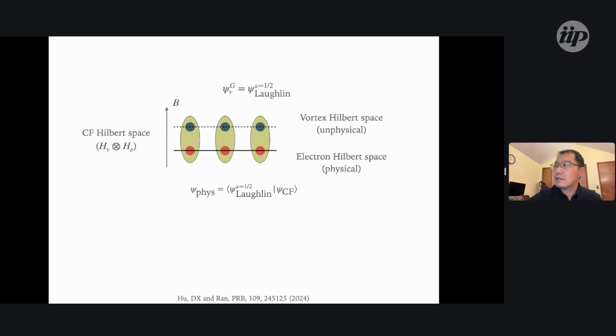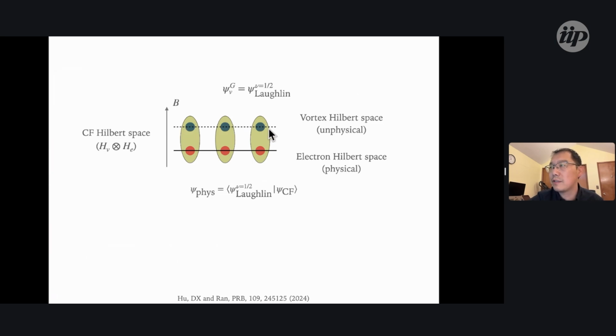Let me summarize what we are doing. I know that there's a lot of information that has been dumped here. We begin with a Hilbert space of the physical electrons, the red dots here, living inside the lowest Landau level. Then we introduce a fictitious degree of freedom, which we call vortices.